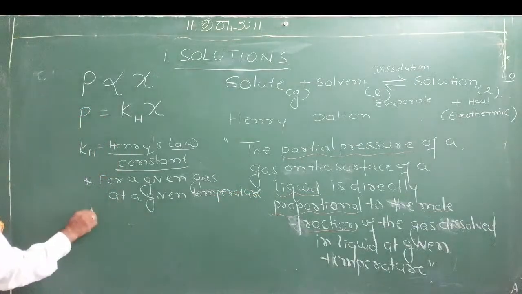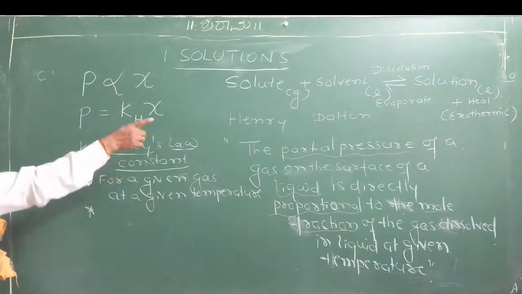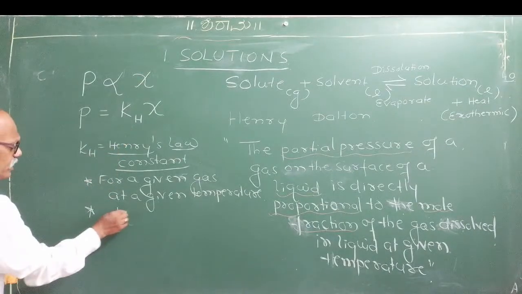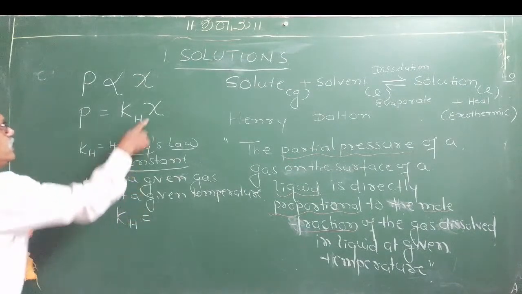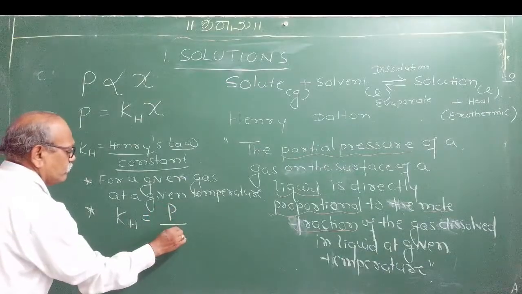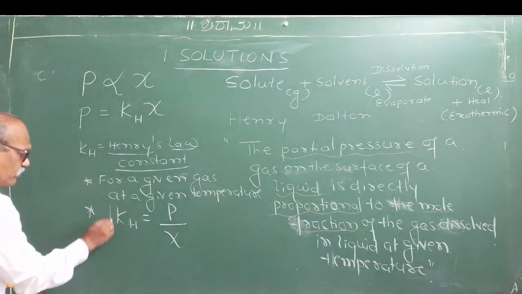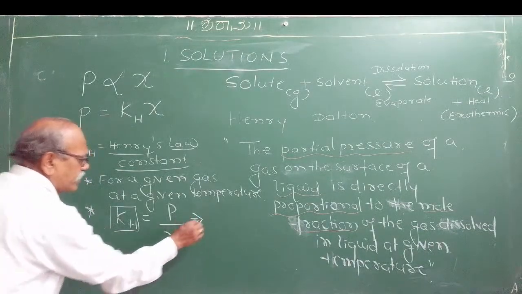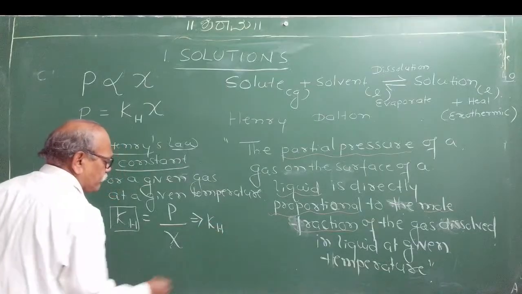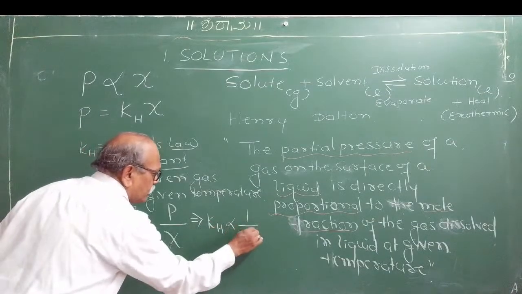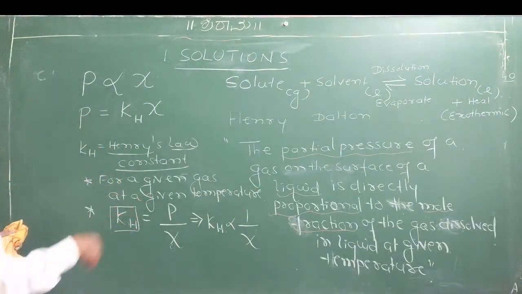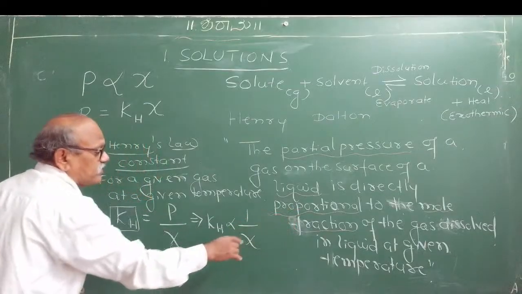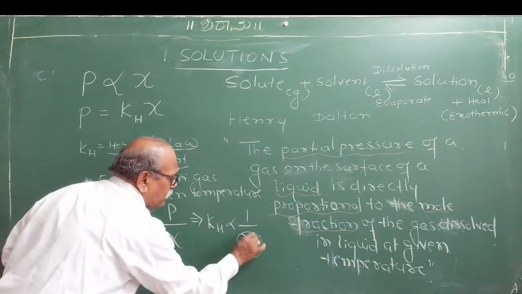And already we discussed why it depends on temperature. The KH value: if you take chi to the left, the higher the value of KH, this shows that Henry's law constant is inversely proportional to the mole fraction, since partial pressure means solubility.